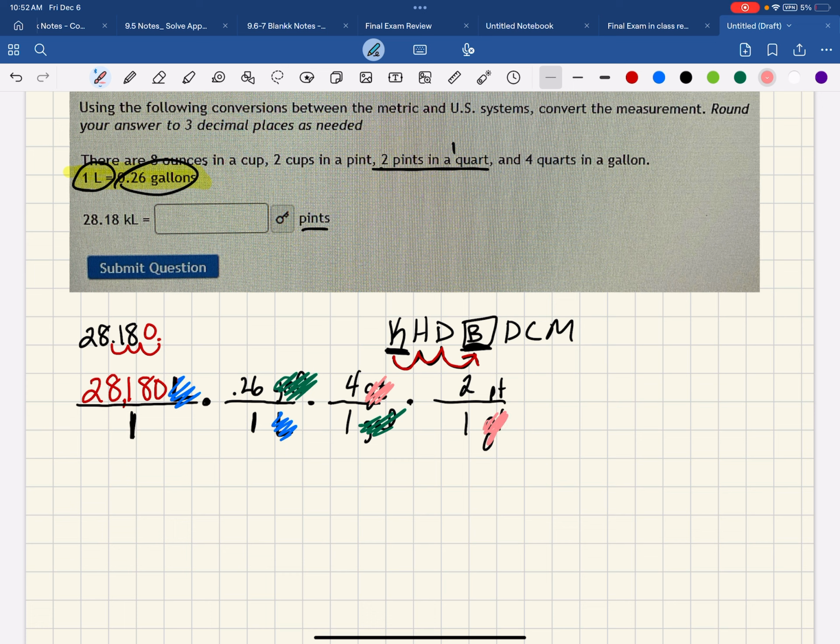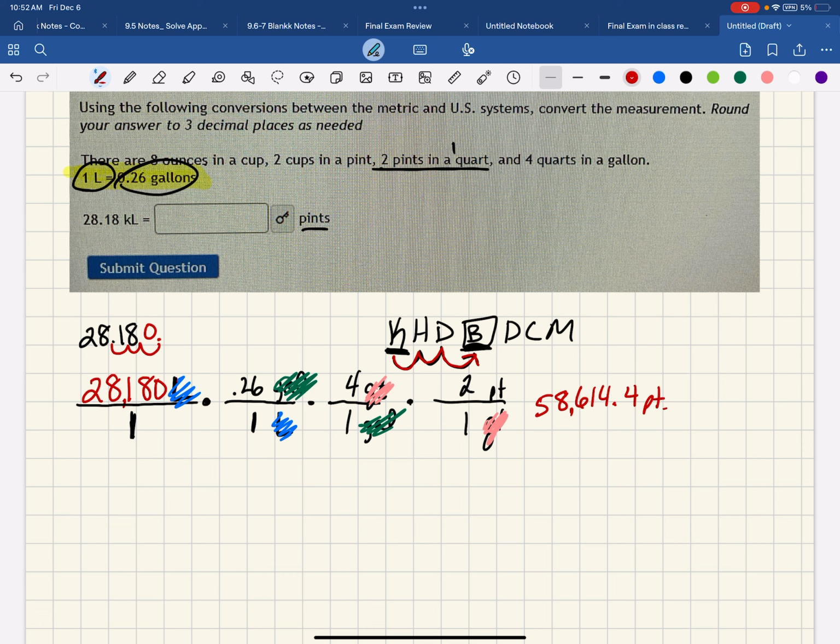And then that leaves me with just these numbers. So we're going to multiply everything across the top and then multiply everything across the bottom. And then we should end up getting 58,614.4 pints if we do that on the calculator.